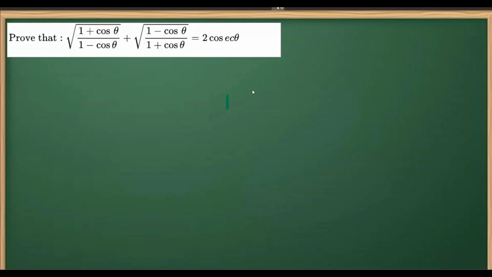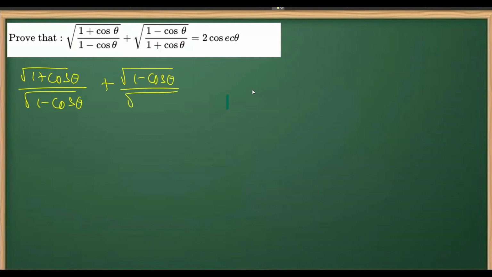Before taking LCM, I must first write down with a separate under root: under root 1 plus cos theta divided by under root 1 minus cos theta, plus under root 1 minus cos theta divided by under root 1 plus cos theta. Now I can take LCM here.